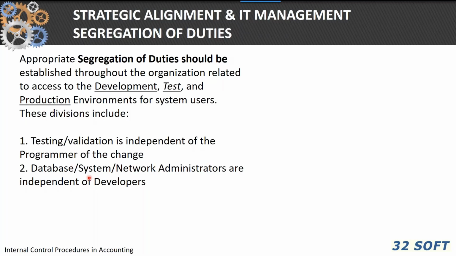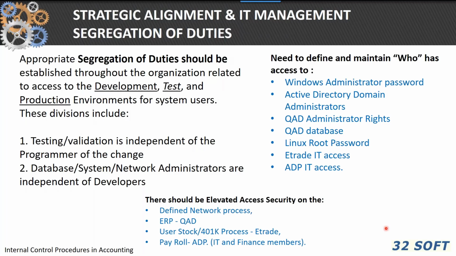Database system networks are independent of developers. And there's a whole lot of information about the segregation of duties and who has administrative passwords, QAD admin rights, trade ID, ADP if you've got it. So there should be elevated access and security for these kinds of logins.